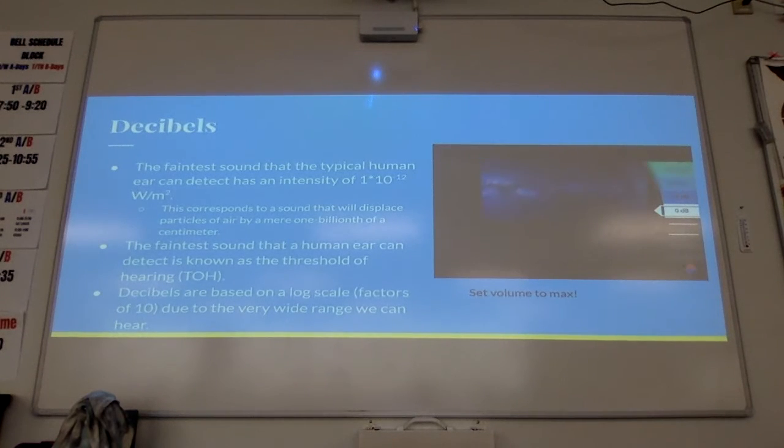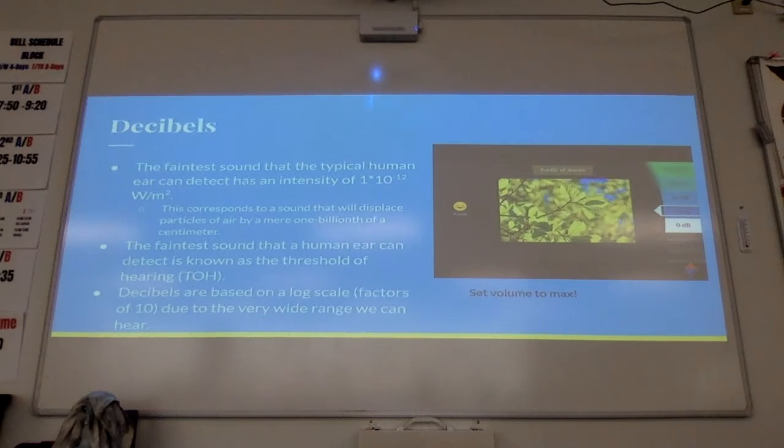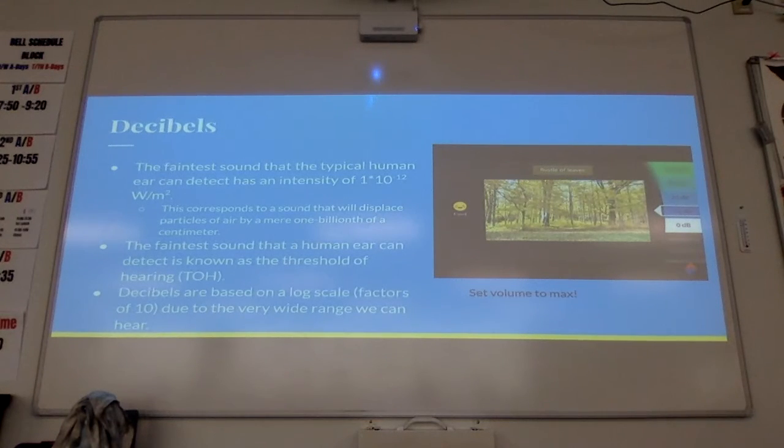Technically, we can still hear 0 decibels. Space is 0 decibels. So the rustling of leaves is at about 10 decibels.